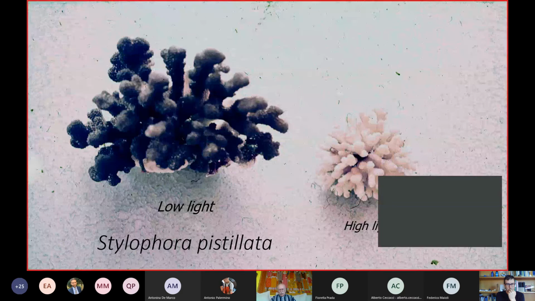And here I took that photograph of a coral harboring about 1 million of these algal symbionts per square centimeter of its living tissue, covering the calcium carbonate, the aragonite skeleton. And the left one I took from very low light, 70 meters deep, and the right one from the surface.